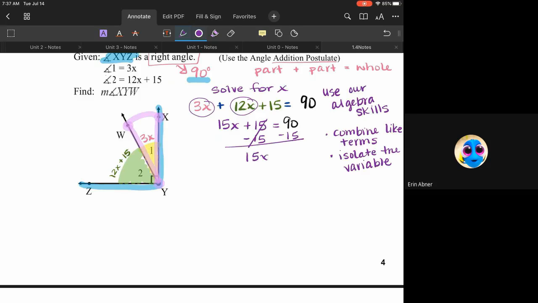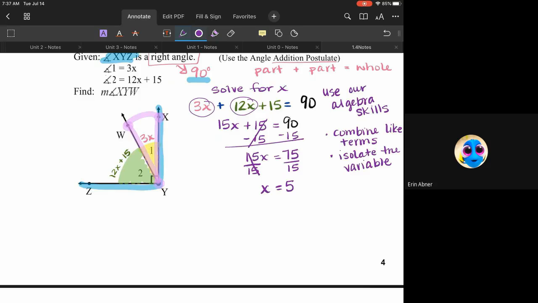I'm left with 15x is equal to, well, what's 90 minus 15? Well, 90 minus 5 is 85. And 85 minus 10 is a big whopping 75. Okay, now I'm going to divide both sides by 15 because I need the x by itself. So then my 15s again are going to cancel out. And I'm going to have that x equals, well, there are 5 15s in 75, so x is going to equal 5.